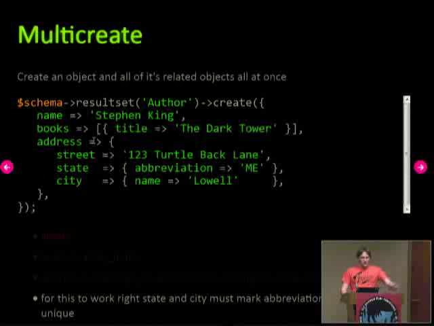Does that make sense? One thing to notice is that books is an array ref, because it's a has many, and address is a hash ref, because it's a belongs to. Because books is has many, you can fill many in there. If you accidentally make it a hash ref, it will not work the way that you want it to. It'll probably say that's not a column.